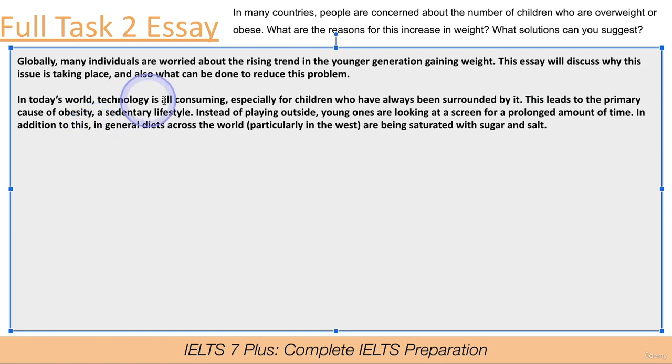In addition to this, in general, diets across the world are including high amounts of saturated fat, sugar, and salt. There we go. Saturated fat, sugar, and salt. We can think of an example.